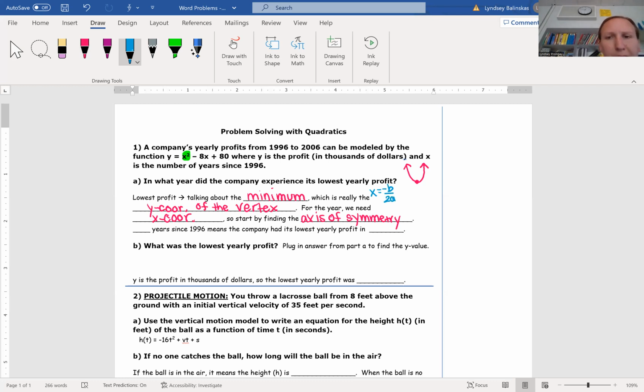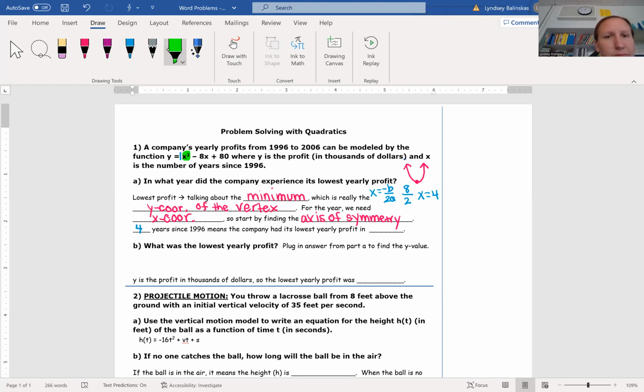So negative b would be negative 8 or just positive 8. 2a, the a value here is that invisible 1. So that would be 2 times 1 or just 2, which means our axis of symmetry is just x equals 4.